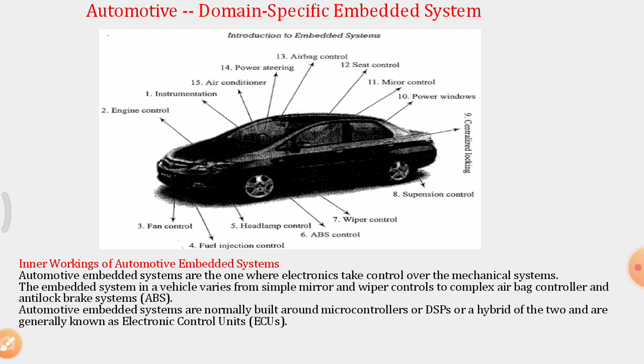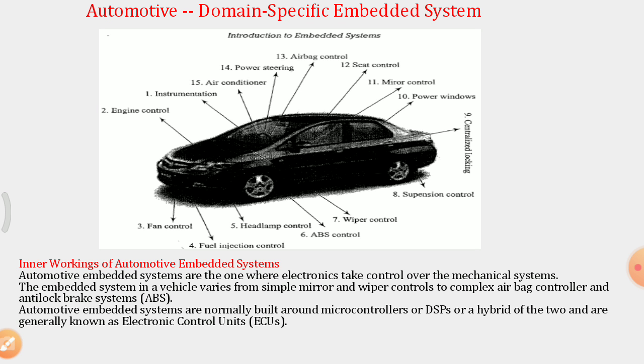The embedded system in a vehicle varies from simple mirror and wiper controls to a complex airbag controller system, or an anti-lock braking system, which is also a very complex embedded system.